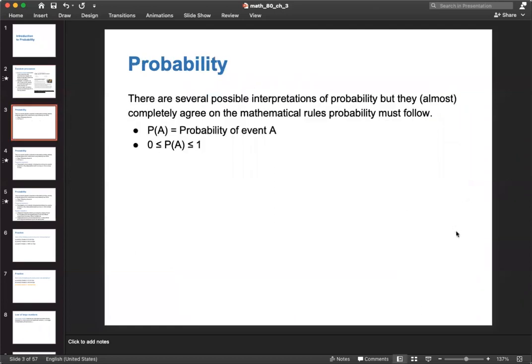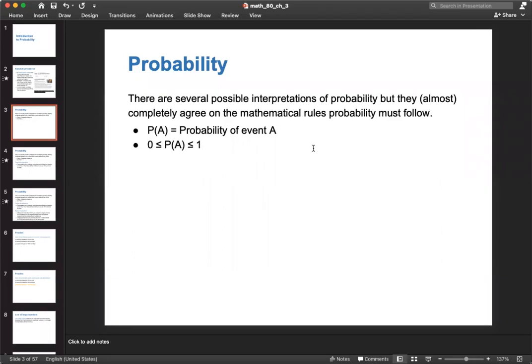All right, so let's look at probability, and there are lots of different interpretations. But in general, a guideline is the following. If you have an event A, like in a coin flip, A is the event that you flip a heads. Then P of A is the probability of that event. Notationally, it looks like P with round brackets around A. That's the probability of event A occurring.